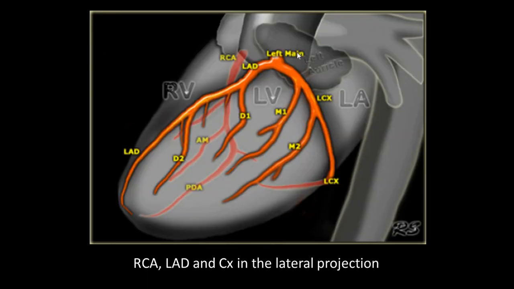This is a lateral projection: left main, anterior descending, and this is left circumflex. On the other side, this faint one is the right coronary artery with its branches.